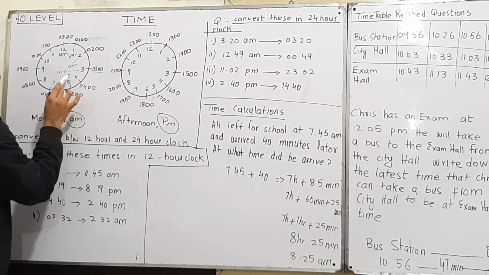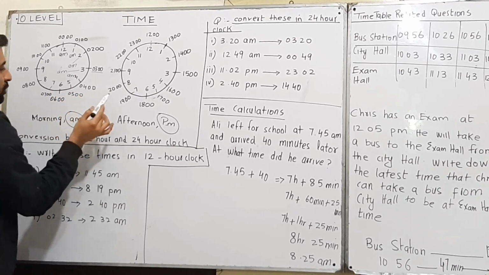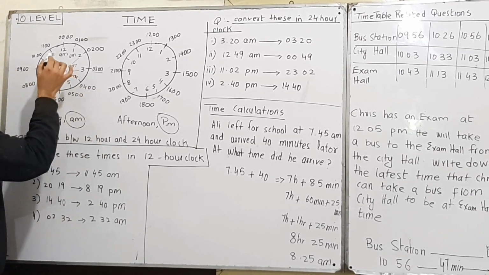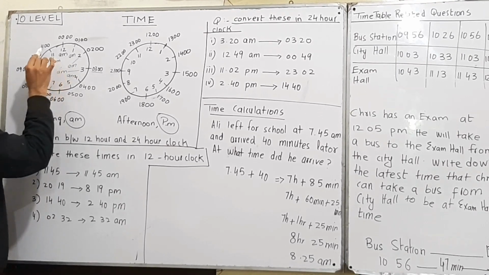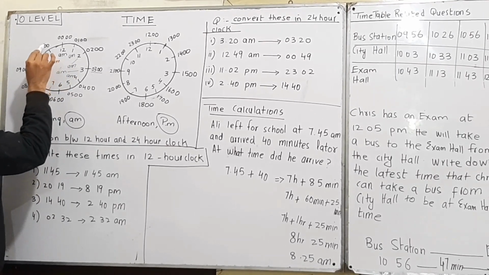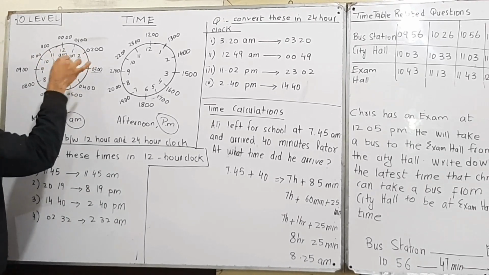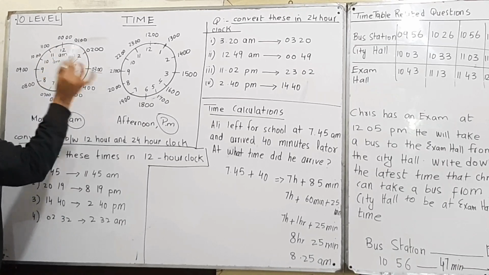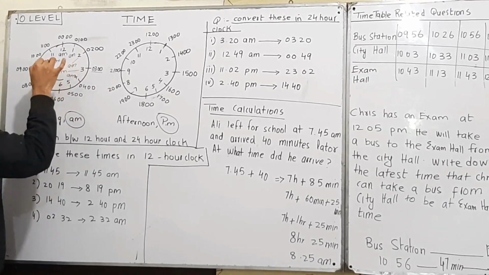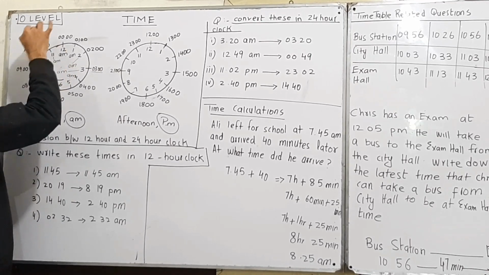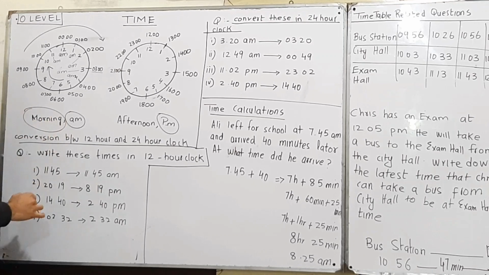Similarly, 4 AM in 12 hours is 0400 in 24 hours. In the same way, this is 11 AM in 12 hours, while 1100 in the 24-hour clock. So this clock is showing AM comparisons, morning time comparisons between the 12-hour clock and the 24-hour clock.